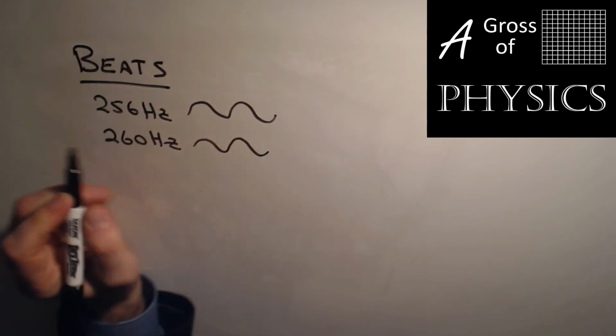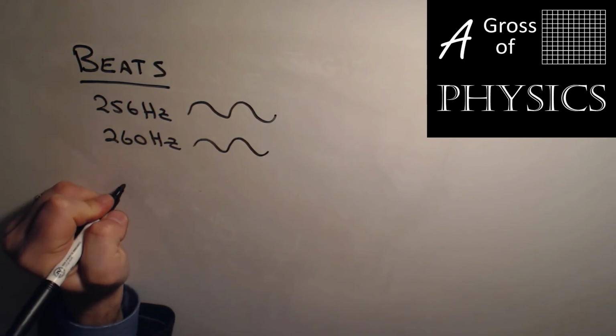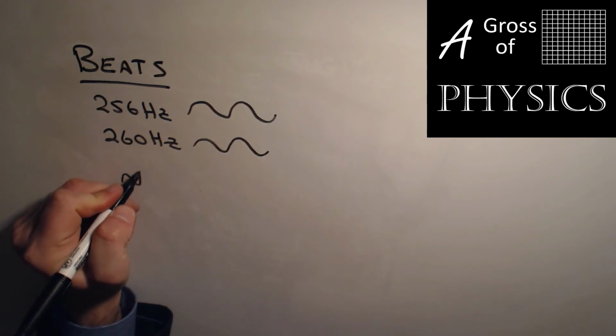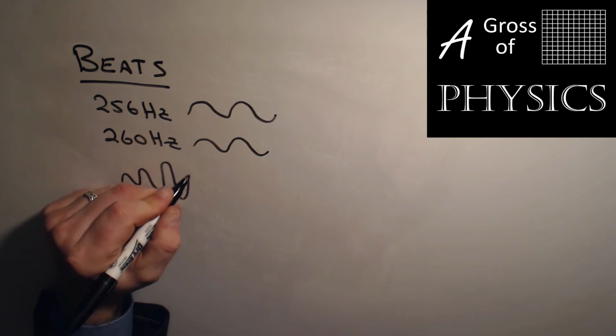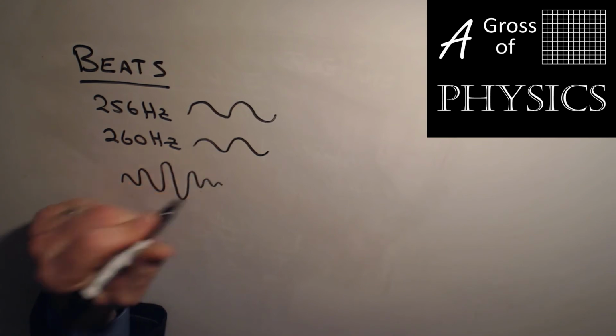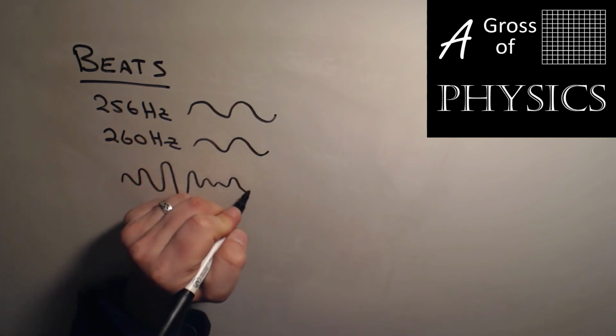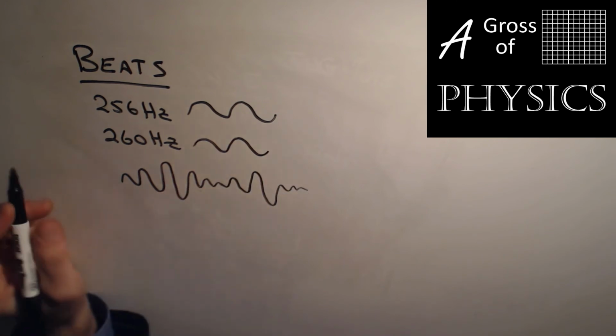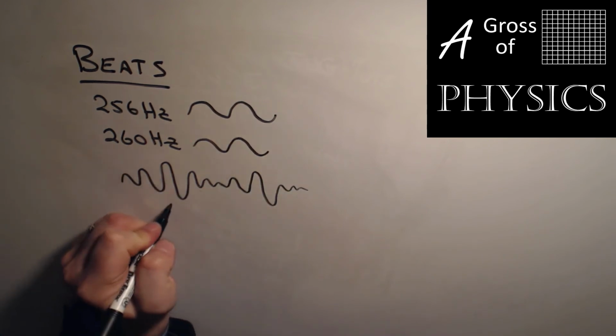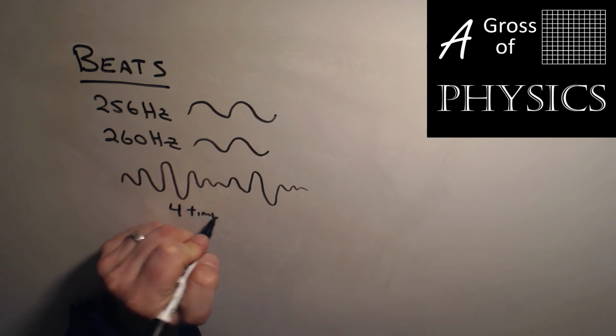It's hard to draw that, but what will end up happening is the combined wave has a loud and a soft, and then a loud and a soft, and this occurs, in this case, 4 times every second.